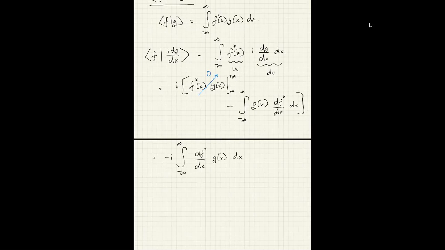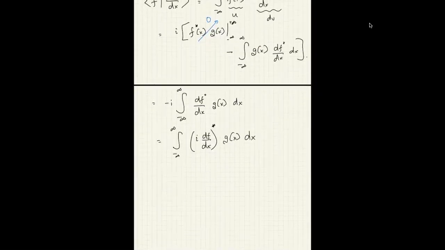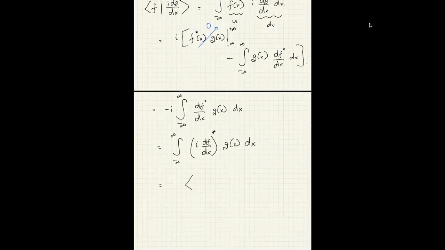Now I can write this as the integral from minus infinity to infinity of (i df/dx) star, g of x, dx, okay? And you recognize this as simply ⟨Tf, g⟩, where T is i d/dx.